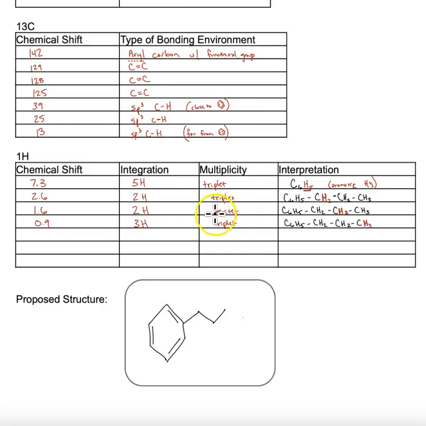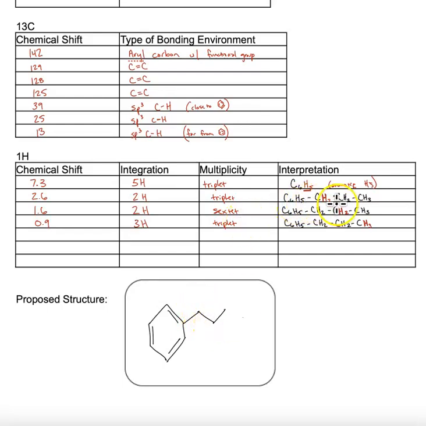The sextet here involves 2 hydrogens, and we have 3 hydrogens attached to this terminating carbon and 2 attached to this carbon here.